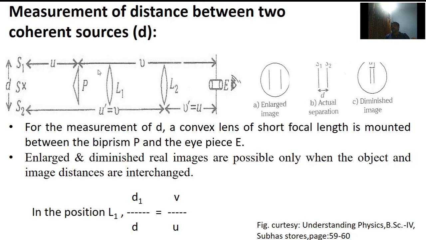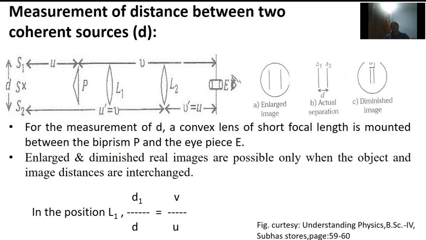The image formed by the lens is magnified or diminished. We can shift the position of the lens to get a magnified and a diminished image. First we place the convex lens at the position L1, where we get the enlarged image.